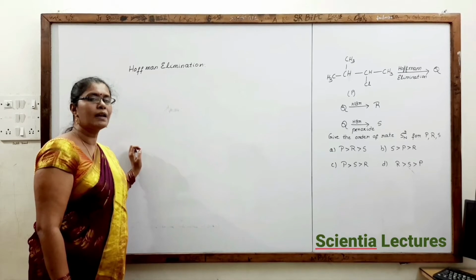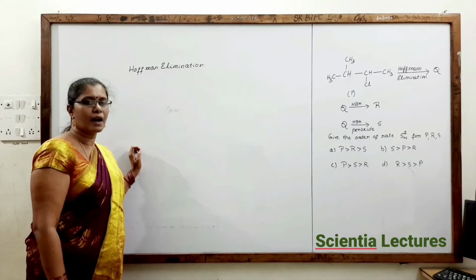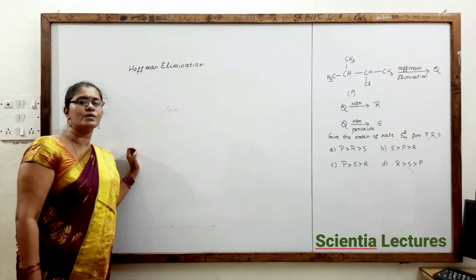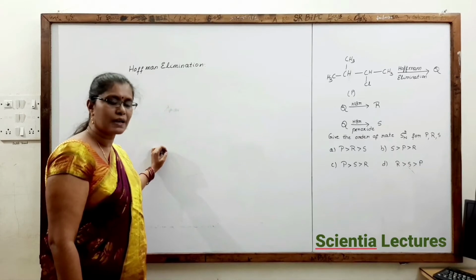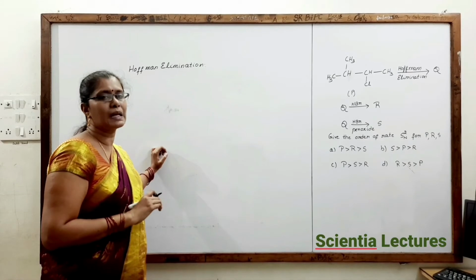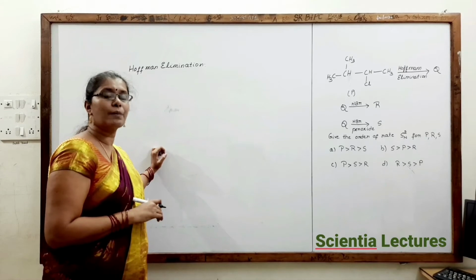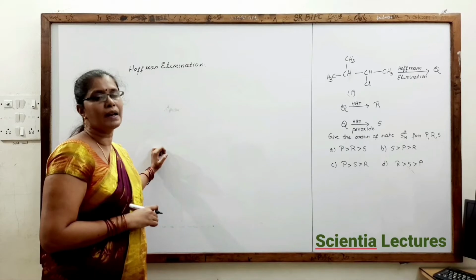So I will repeat it once again. Understand it carefully. We should eliminate beta hydrogen from beta carbon containing less number of hydrogens. Then we get surely more stable, more conjugated alkene as a major product. In some unavoidable circumstances, when the leaving group is bulkier, or the attacking nucleophile is bulkier and cannot attack the beta hydrogen from the beta carbon with less number of hydrogens, in those cases we follow Hofmann elimination.